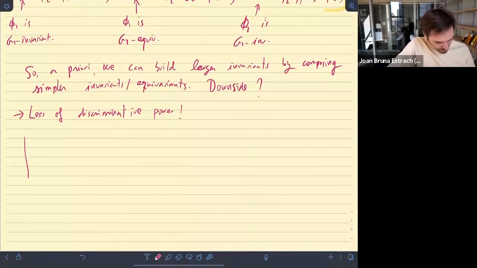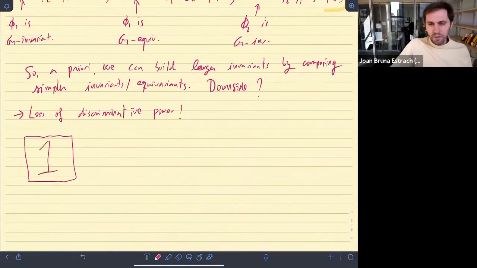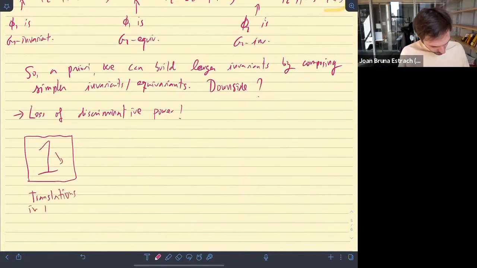Okay. So think about an example of images again, and let's say that you want to do digit recognition. So the natural group, think about the group of translations in the plane, translations in R2. Let's call this G. You agree with me that I can take G and factorize it.